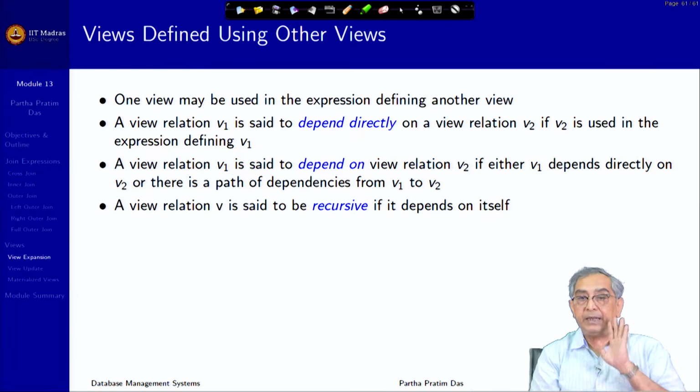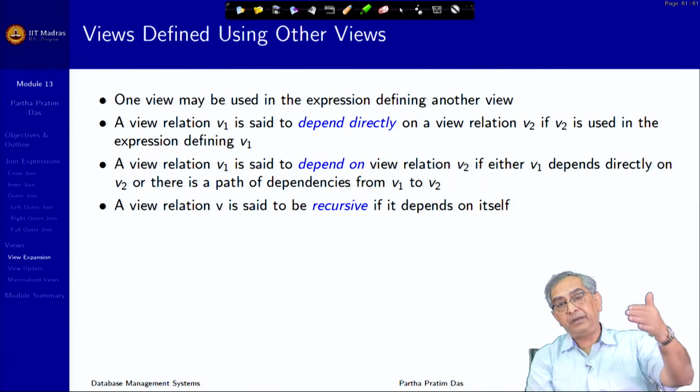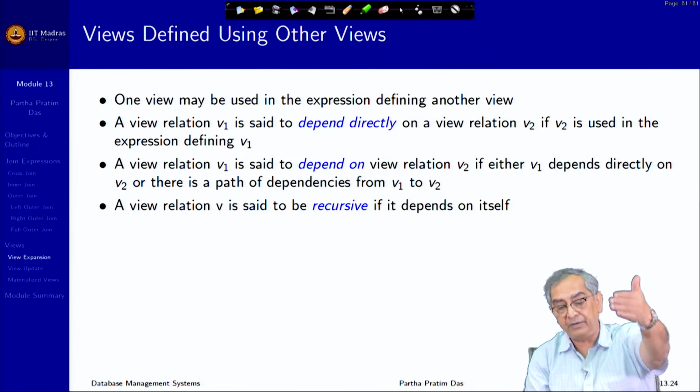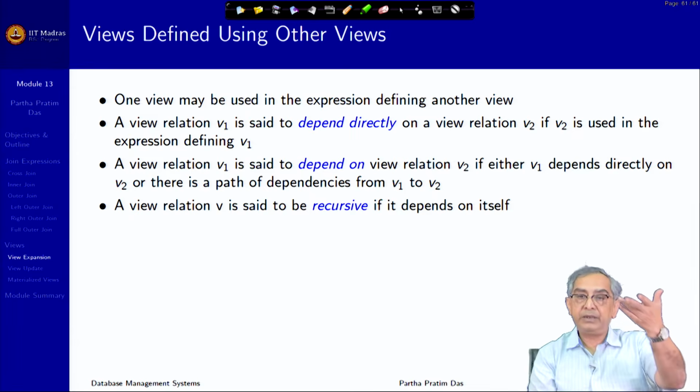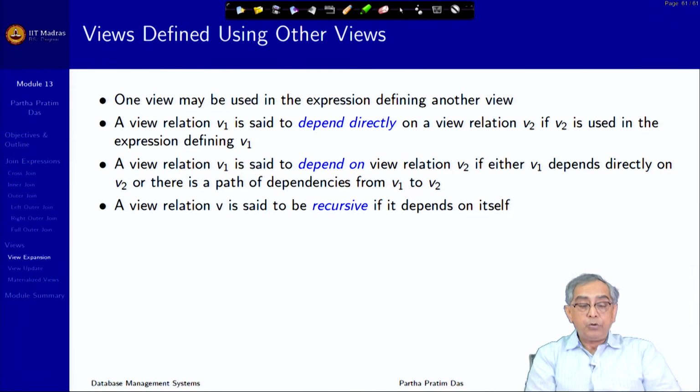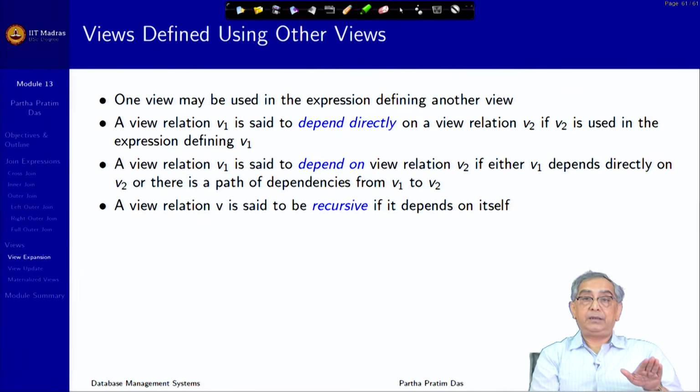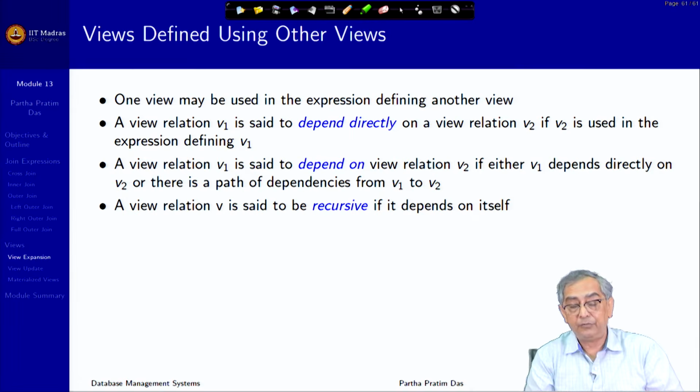So there is a direct dependency, or the dependency could be transitive, that is V1 depends on V3, V3 depends on V4, V4 depends on V2. All of these are fine as long as a view does not depend on itself, which is called a recursive view.